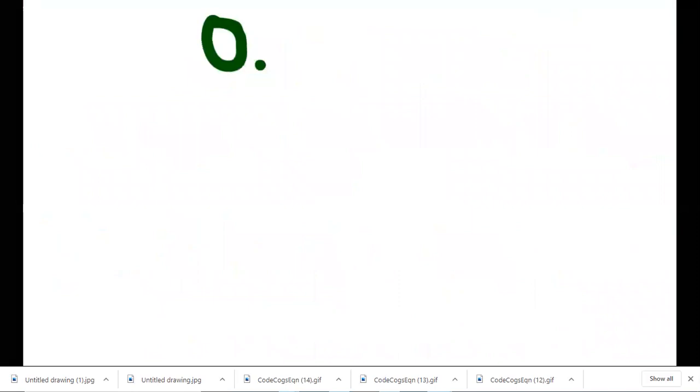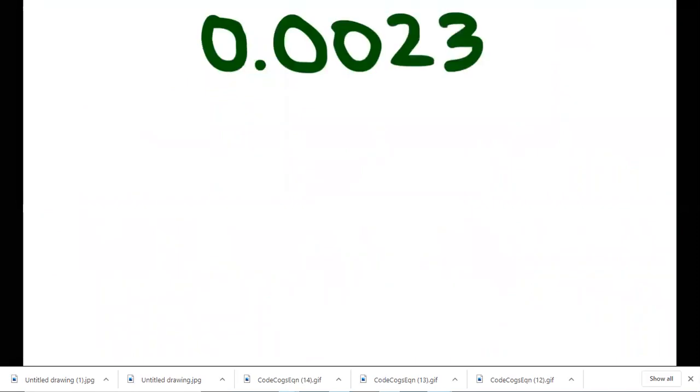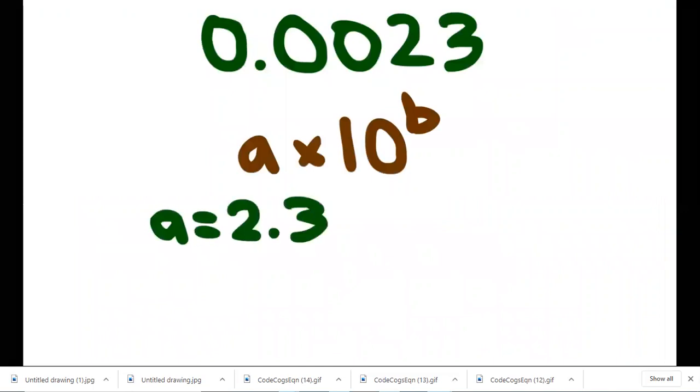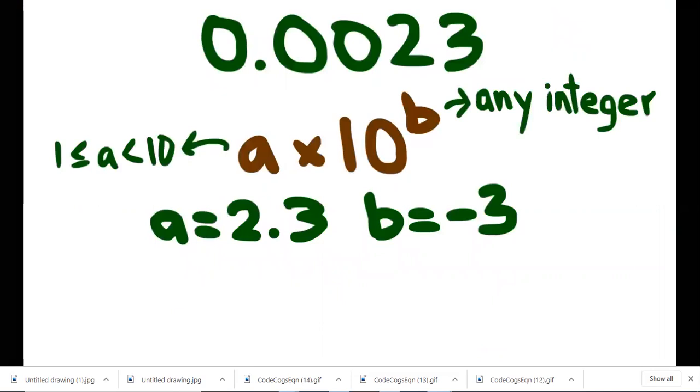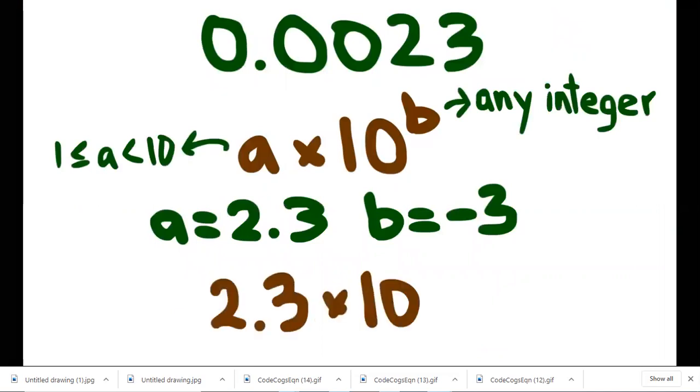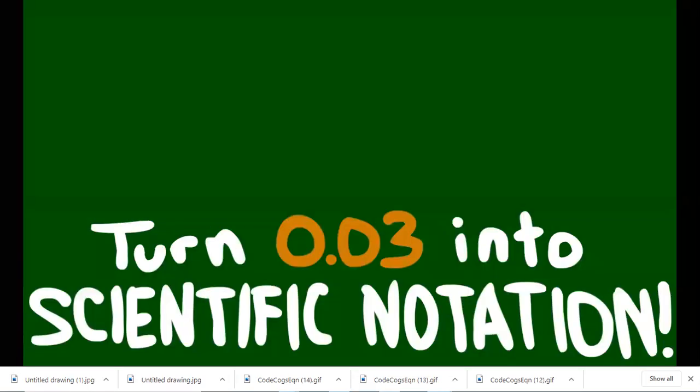Take a number like 0.0023, plug it into a times 10 raised to the power of b, where a equals 2.3 and b is -3. You get 2.3 times 10 raised to the power of -3. Express your number so that it's more than 1, but less than 10.